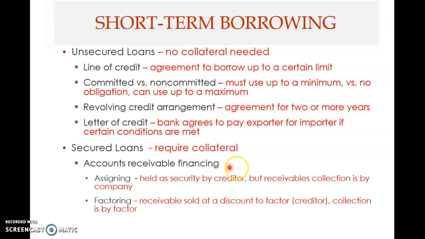It is not sold, but they hold that as security. In the event that the borrower is unable to pay, they can use the receivables to recover the payment. But factoring means an outright sale of the receivables to the creditor, and the creditor will then collect from the customer of the company. The company has no recourse or cannot collect the payment from the customers. That is called factoring.